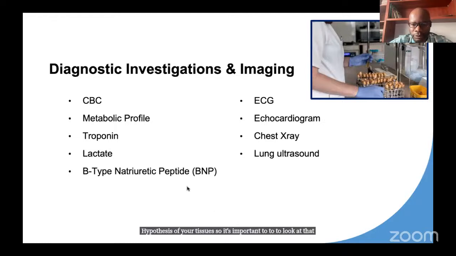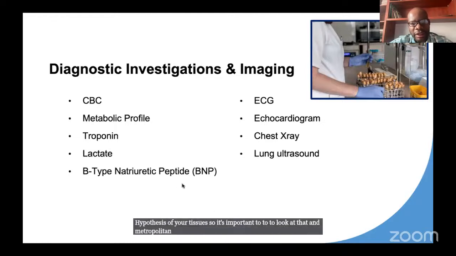And the troponins, basically, remember in acute myocardial infarction, troponins can be used to make the diagnosis in somebody who has cardiogenic shock. Lactate is actually a very important parameter, particularly in terms of evaluating tissue hypoxia.